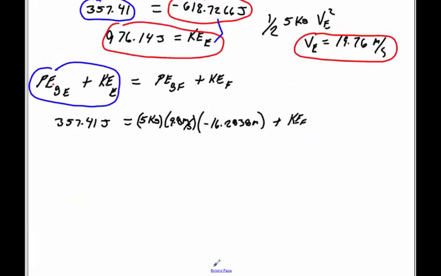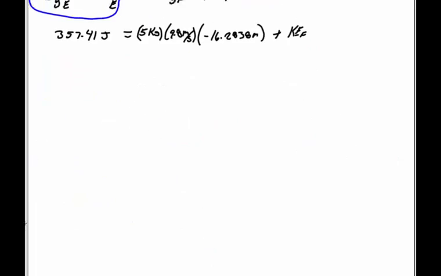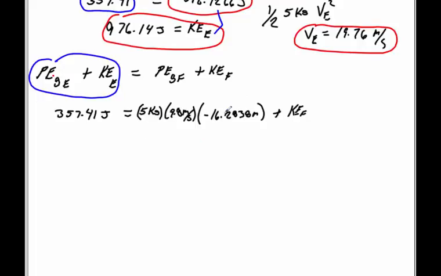Let me run these numbers right here and I'll find out how much gravitational potential I had at F. So I take 5 times 9.8 times negative 16.28, and that's going to give me a value of negative 797.91 joules.